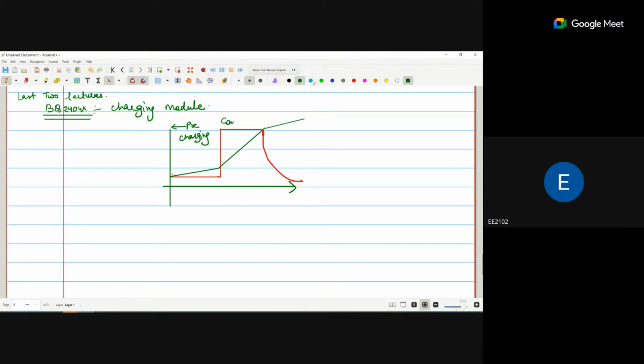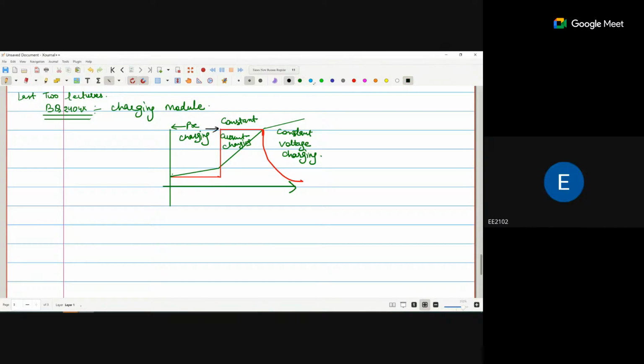That will be the constant current charging. The last one is the constant voltage charge. These are the three different conditions.